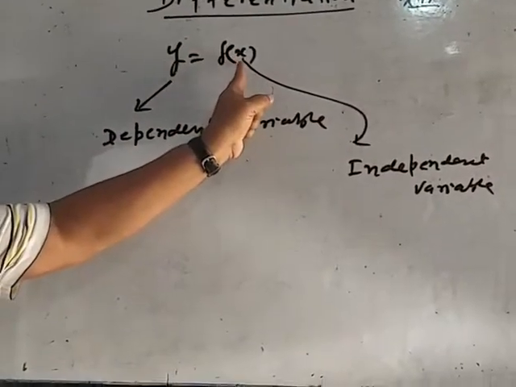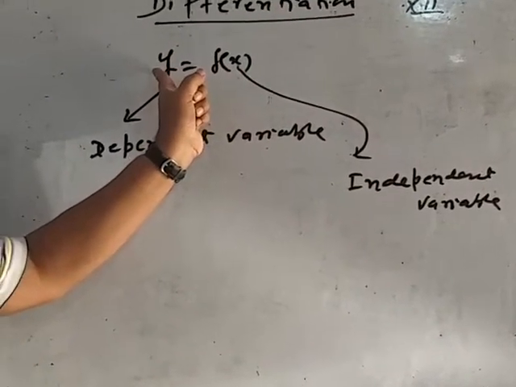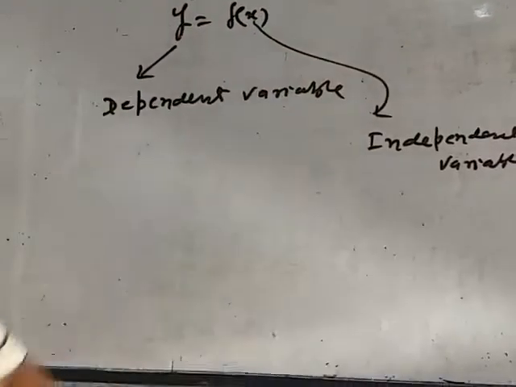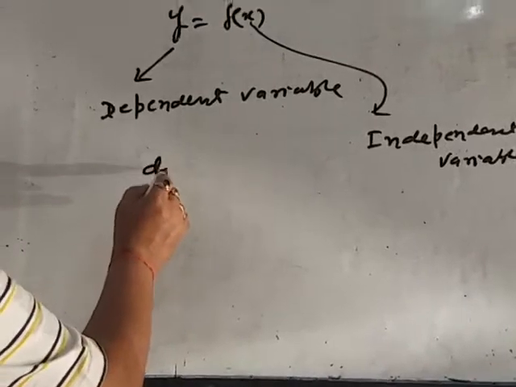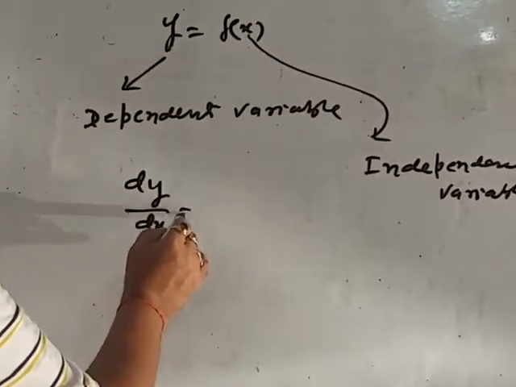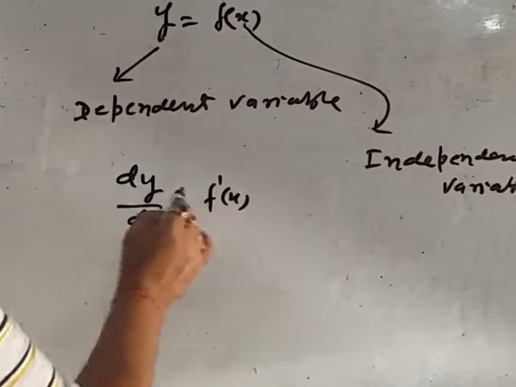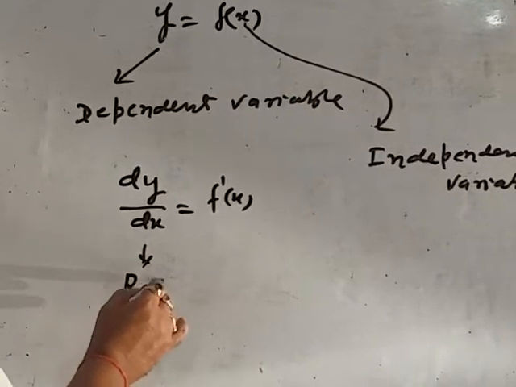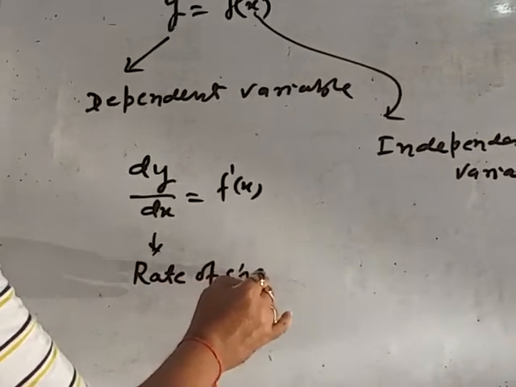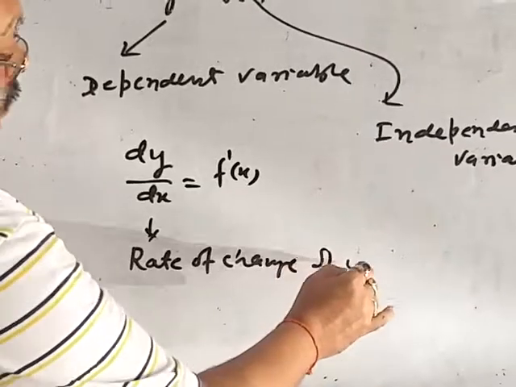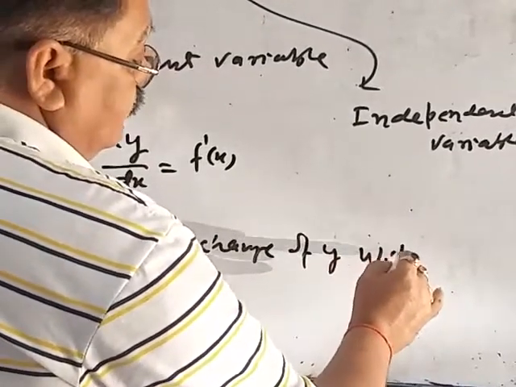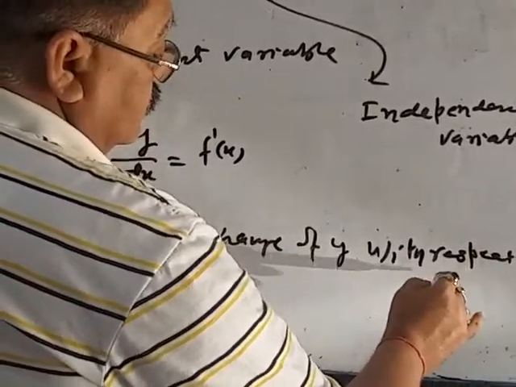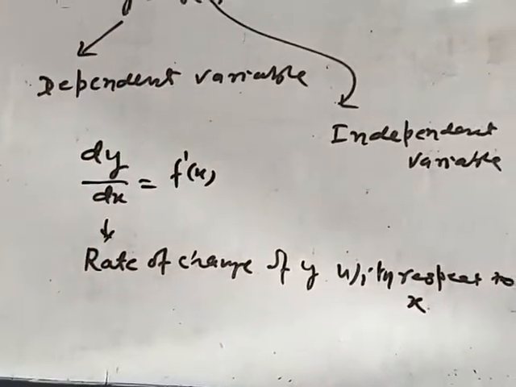When x decreases, then y will also decrease. So y depends upon the value of x. To find the rate of change, we find dy by dx, that is f dash x. dy by dx is called the rate of change of y with respect to x.